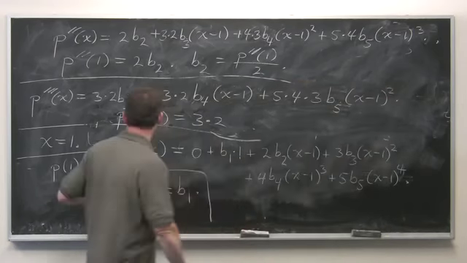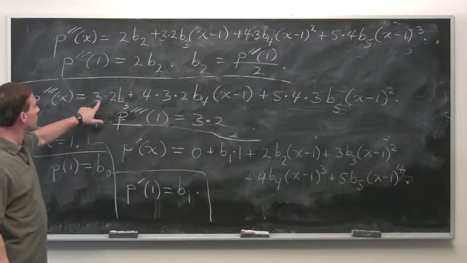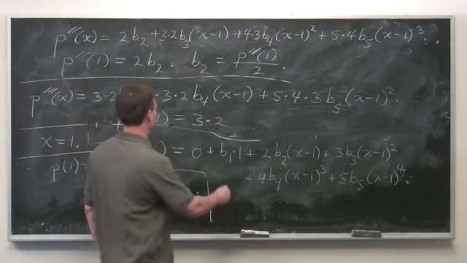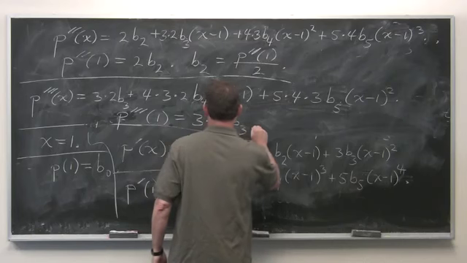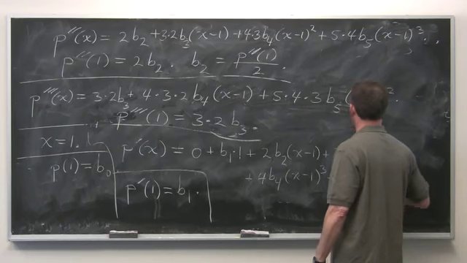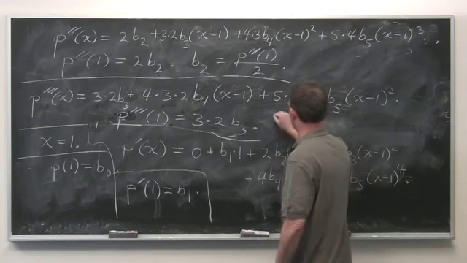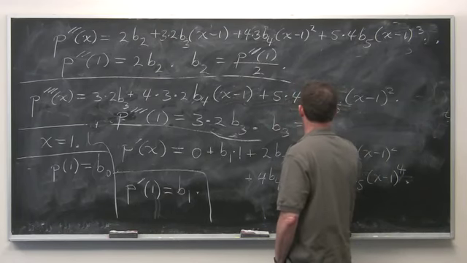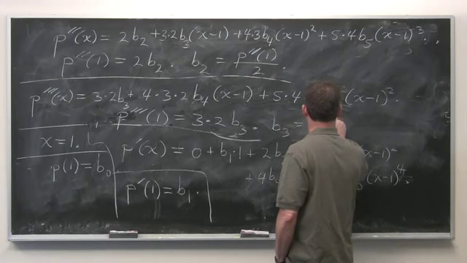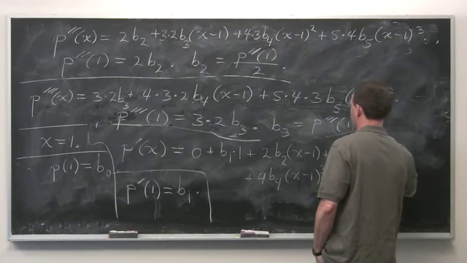So what we get is p triple prime at 1 equals 3 times 2 times b3, so that b3 is p triple prime of 1 over 3 times 2.